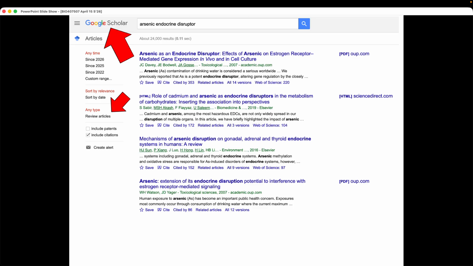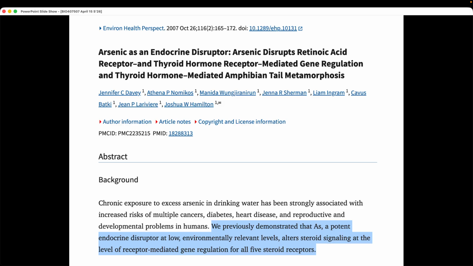And I scrolled down just a little bit, and I found an article, and it's a primary research article, so it would be a great one if you had this as a topic in your capstone project, or if you wanted to bring it to Monday, right? Because look at this title: Arsenic as an Endocrine Disruptor. Arsenic disrupts retinoic acid receptor and thyroid hormone receptor mediated gene regulation and thyroid hormone mediated amphibian tail metamorphosis, right?